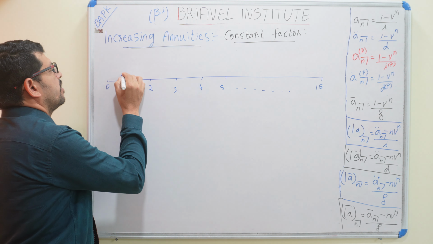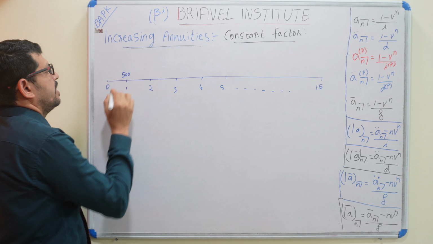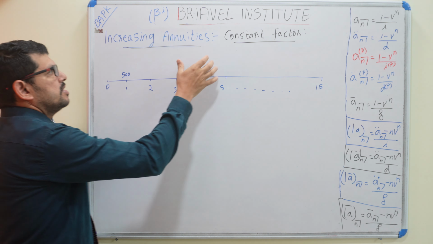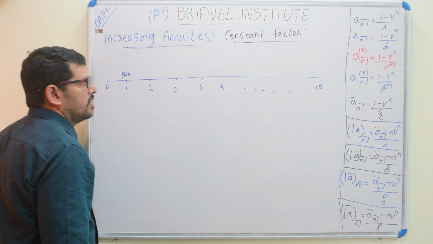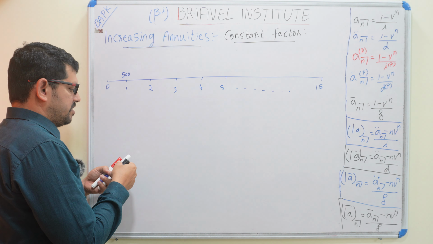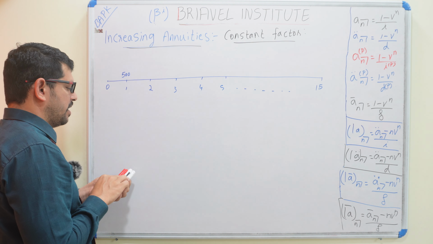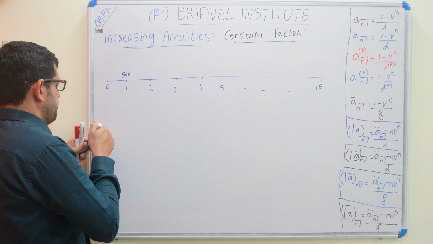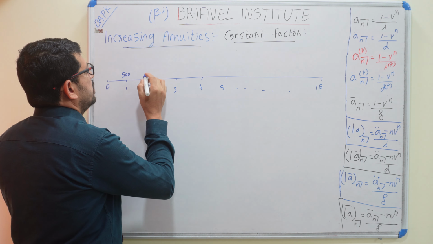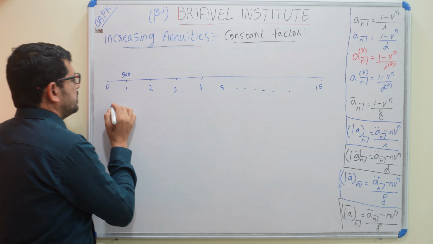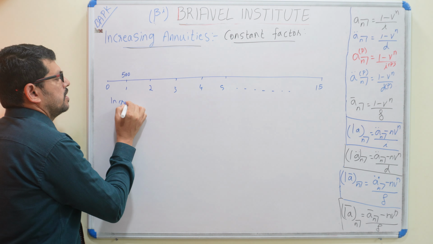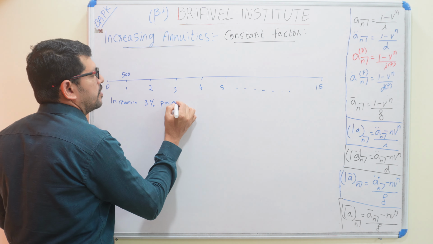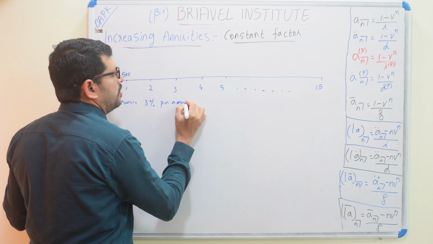Annuity is paying 500 only in the first year. But in the next year, annuity is increasing by some constant factor or some percentage level. It is a compounding, increasing per annum. So annuity is increasing 500, increasing by 3% per annum compound.